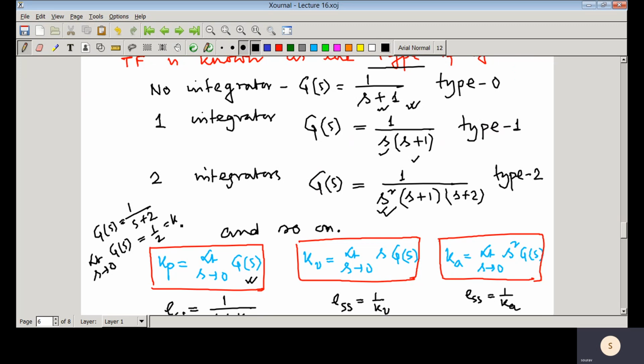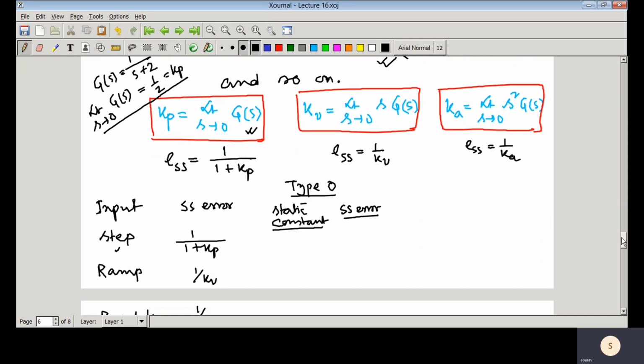So that is Kp. Kp would be finite whenever the system is a type 0 system. So this is a finite constant value, and the steady state error that you would have is 1 plus Kp.